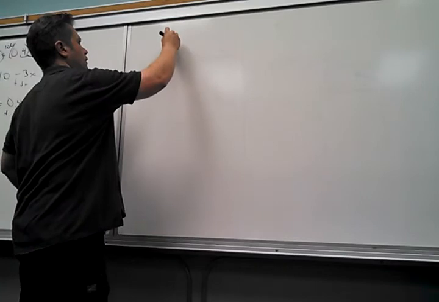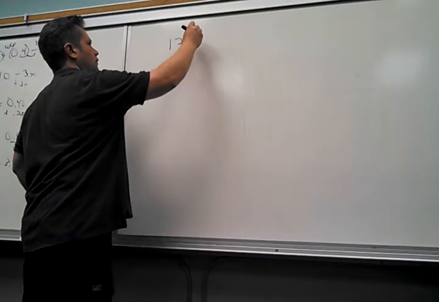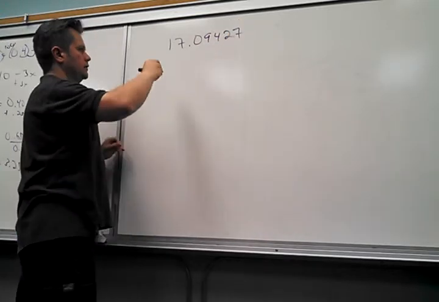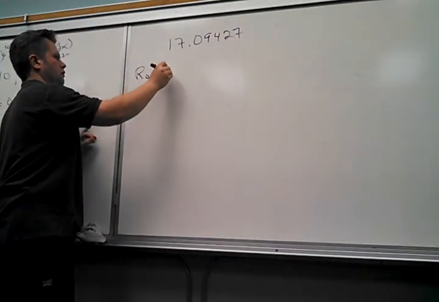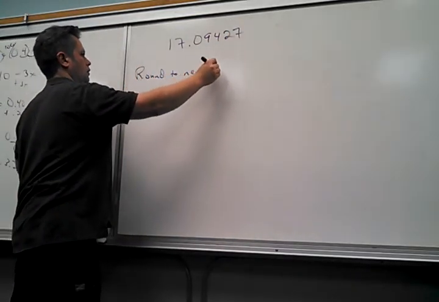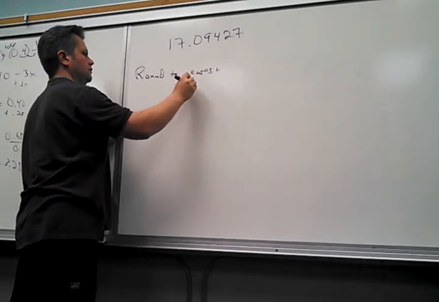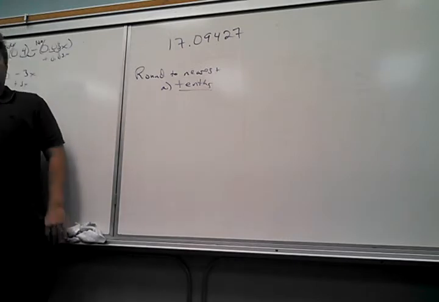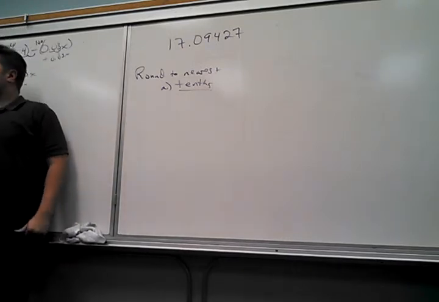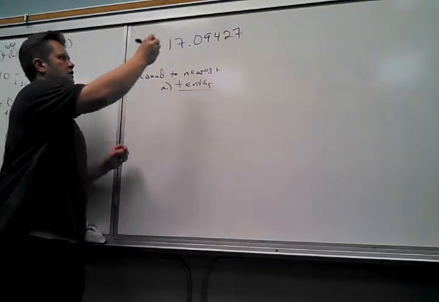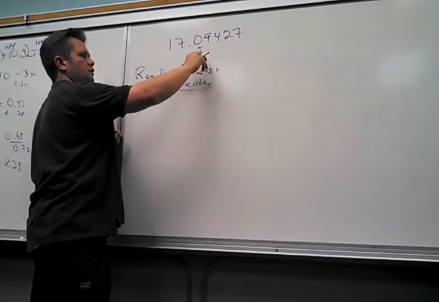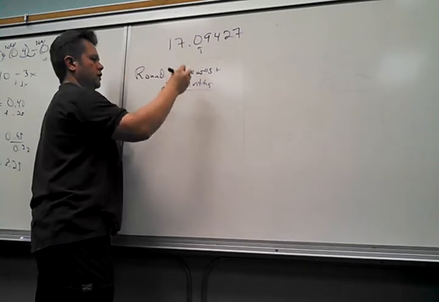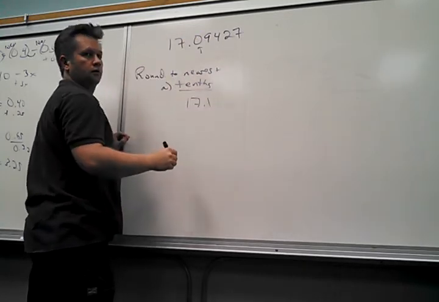So when I say round to the nearest tenths, what number's in the tenths place? Zero. Beautiful. Zero's in the tenths place. So I look to what? Right number. Good, to the 9, so that's got to go up one to 1. So this would be 17.1.